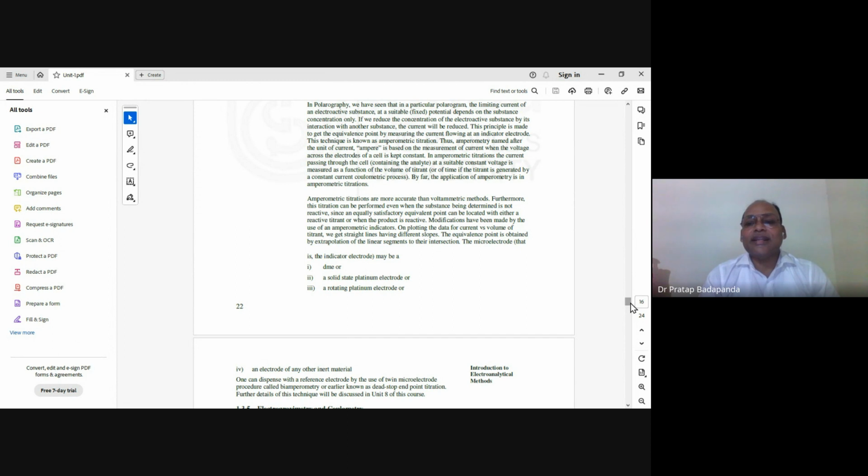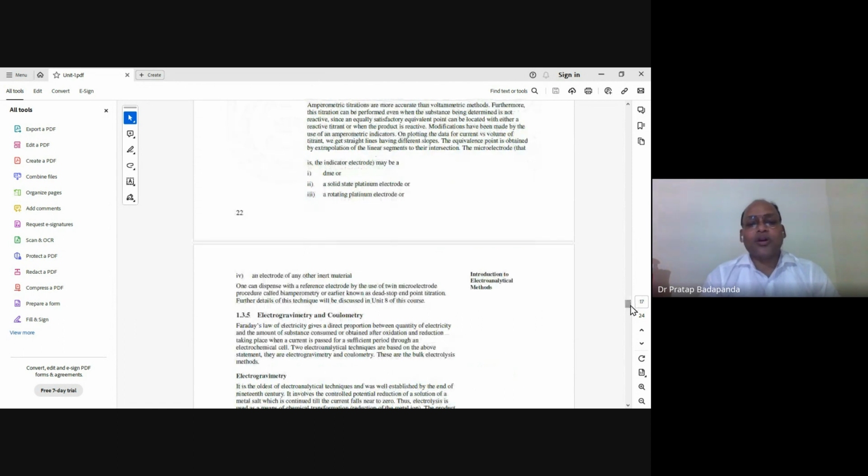That is most important. The microelectrode is the indicator, maybe a DME, meaning dropping mercury electrode, or a solid-state platinum electrode, or a rotating platinum electrode, or an electrode of any other inert materials. Inert means non-reactive materials.